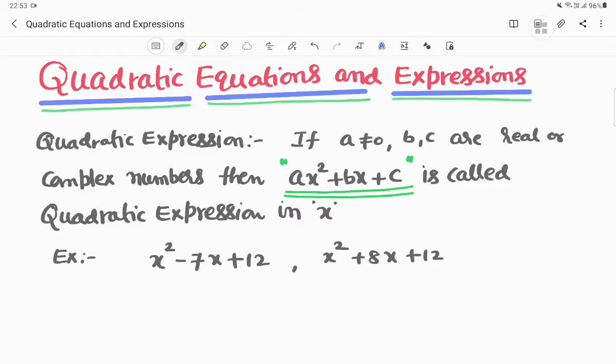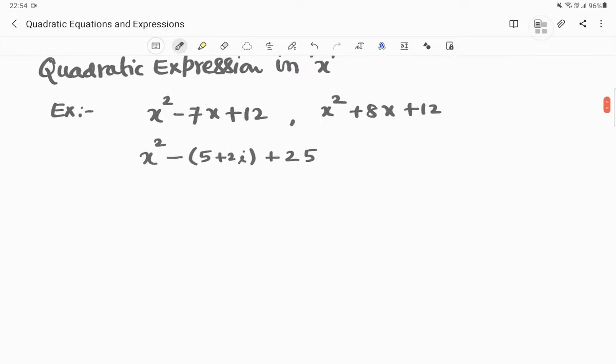We can. x square minus (5 plus 2i) x plus 25. Just roughly I am writing. This is a quadratic expression. Whatever the term is of the form ax square plus bx plus c is called a quadratic expression.